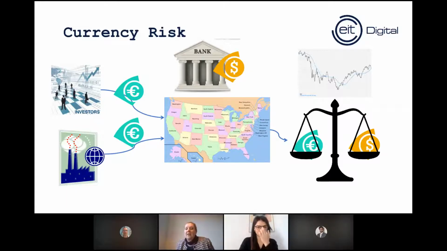Initially your service was delivered or your investment was in euro, and if you invest in the US, for example, it will be converted into US dollars, and then it will depend on the trends and the exchange rate, euro against US dollar, whether your investment will gain and profit or will lose.